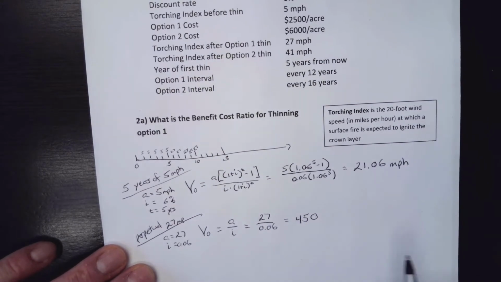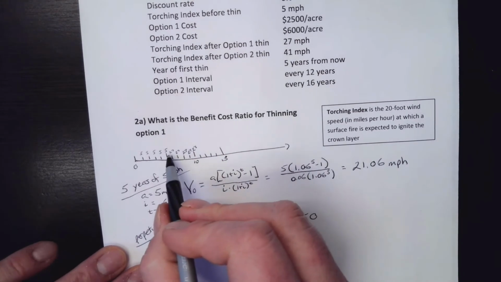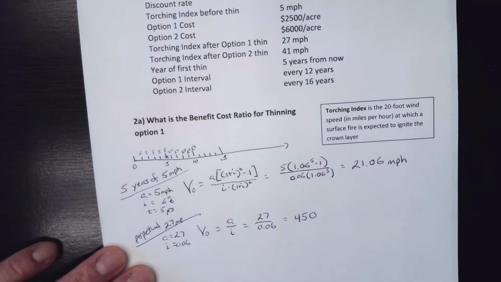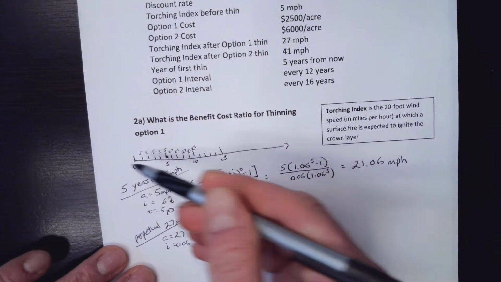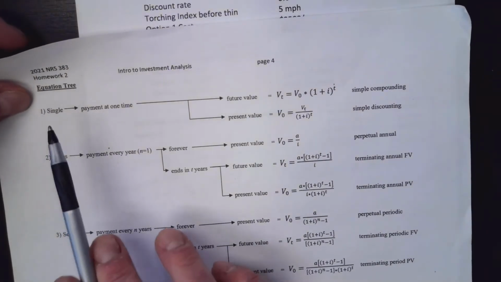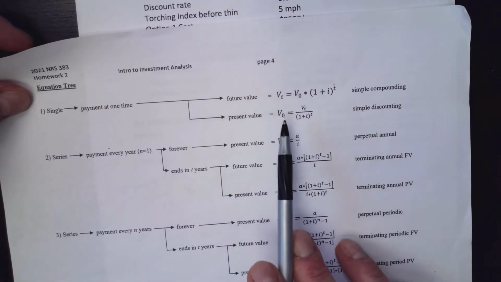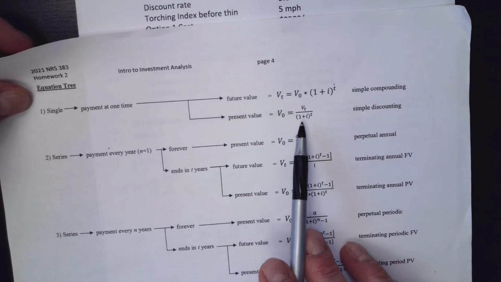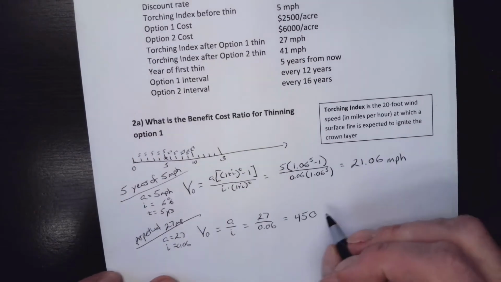But if we think about where this equation solves, it solves at the beginning of the first period, which is here. So we now need to move that this way. So we move that with our single payment, right? We're going to move it to the left or back in time. So discounting, we're going to divide by that.